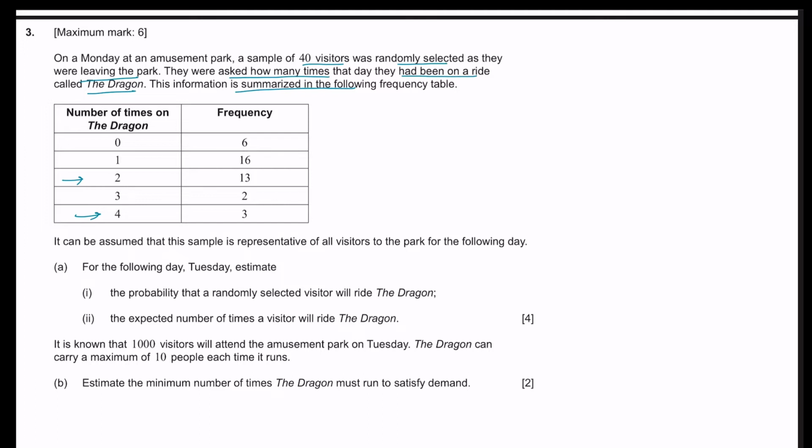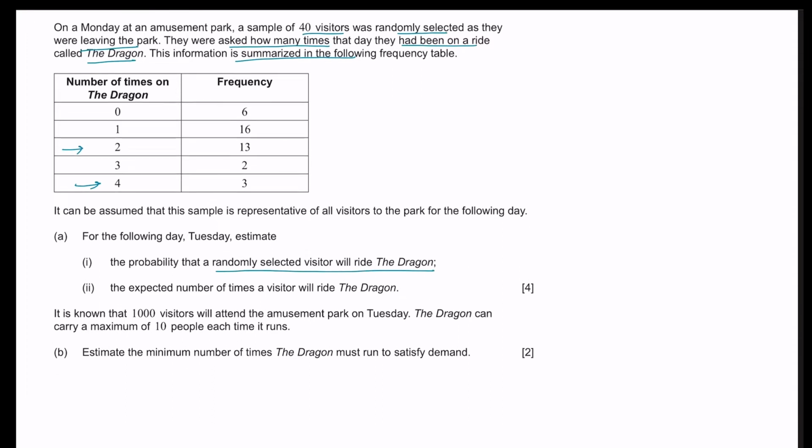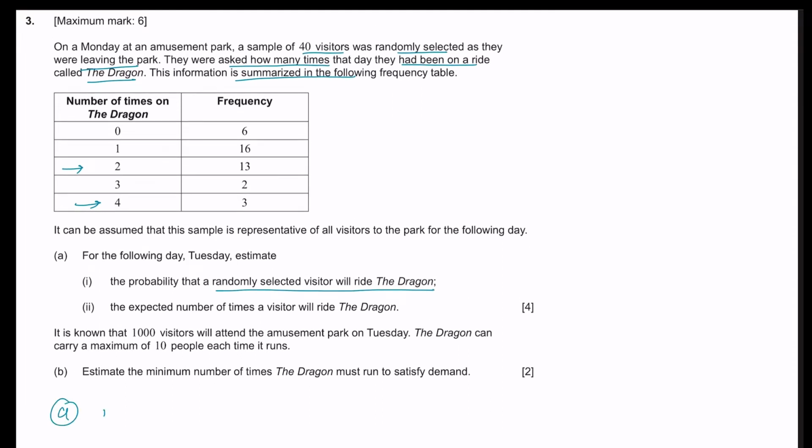So first we have to find the probability that a randomly selected visitor will ride the Dragon. So how to find part A1? Let's first find the total number of visitors. Total number of visitors in our sample space is 40, which is given here.